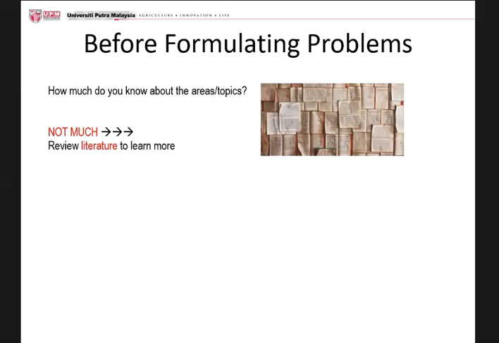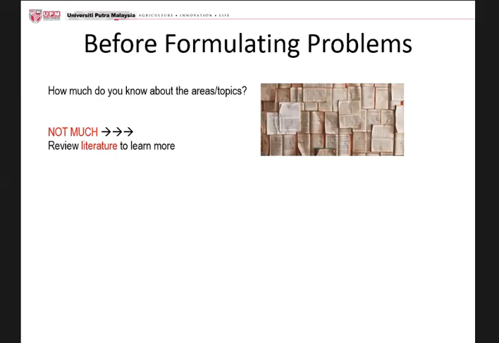So if you have no ideas at all, then take some normal, formal class. If you already have some ideas about it, you need some more information, you need to pull it up, then review literature to learn more. Here the way is that you find a review paper where everything is there, and starting from there, you branch out.